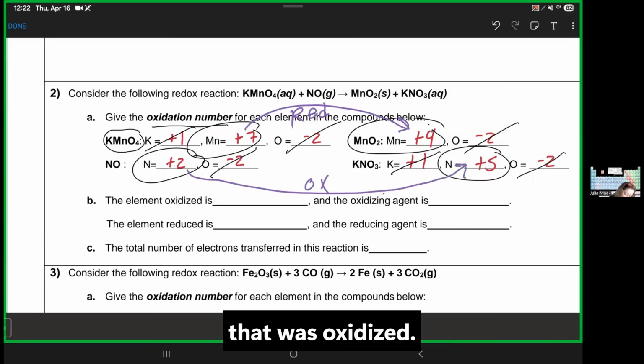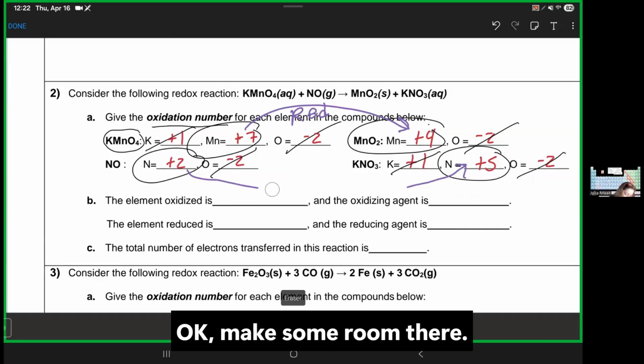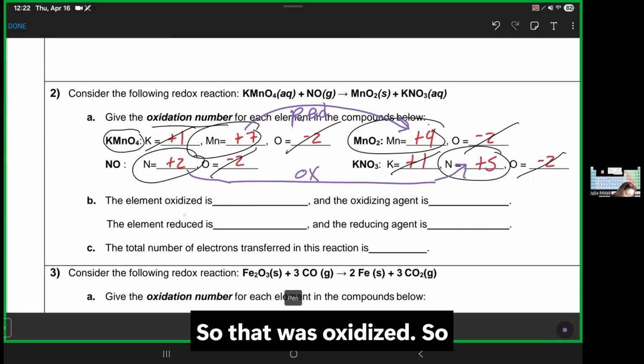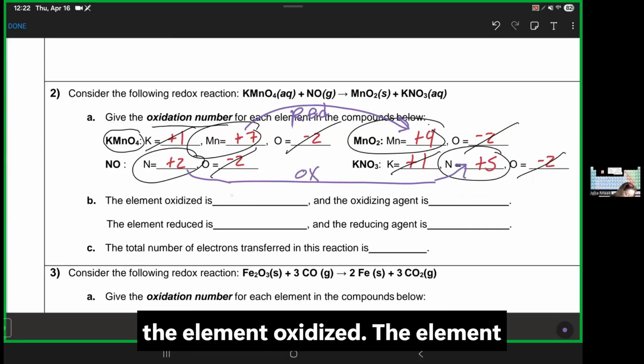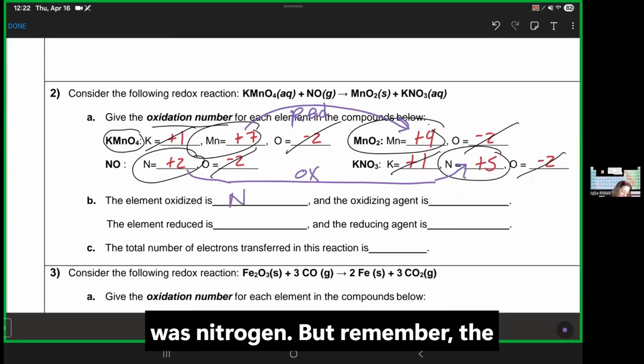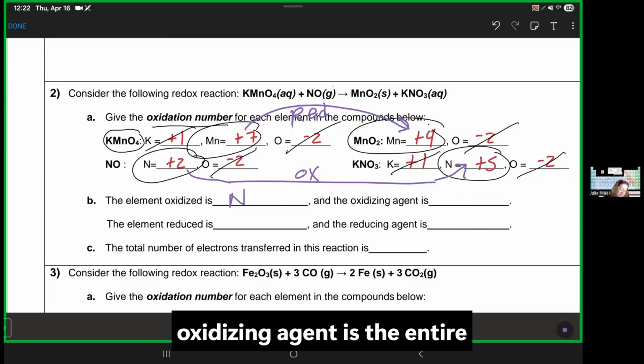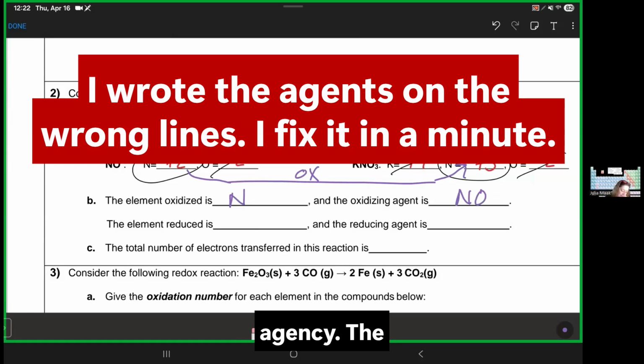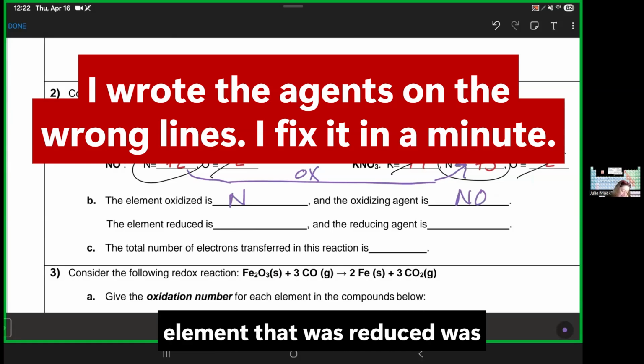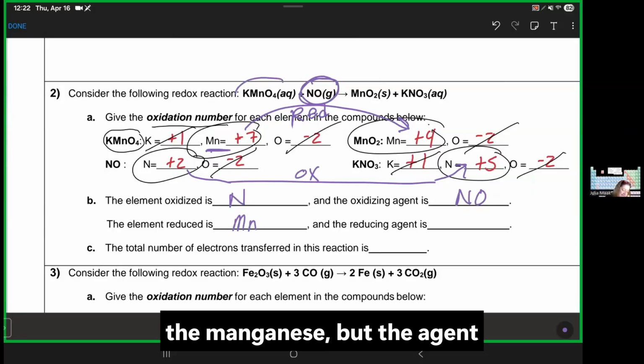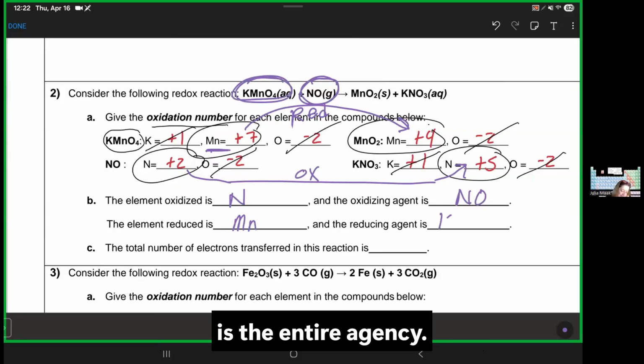That was oxidized. So the element oxidized was nitrogen. But remember, the oxidizing agent is the entire compound. The element that was reduced was the manganese. But the agent is the entire compound.